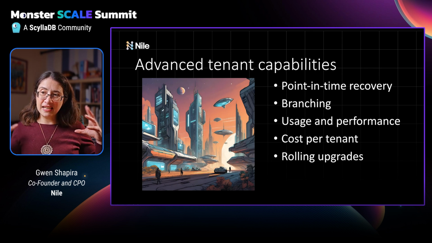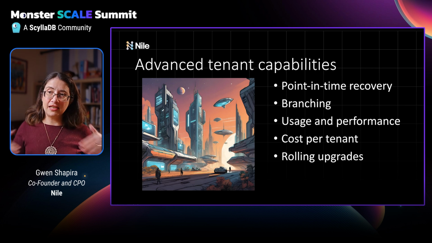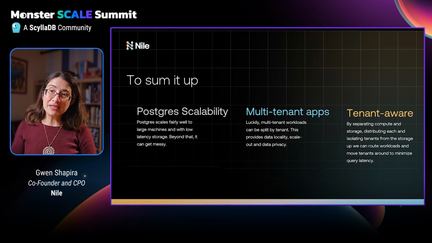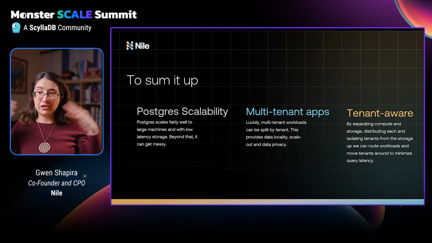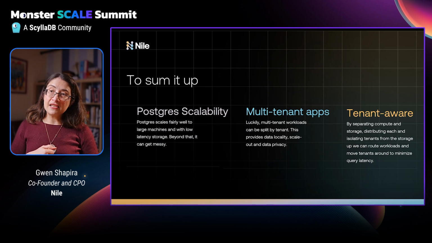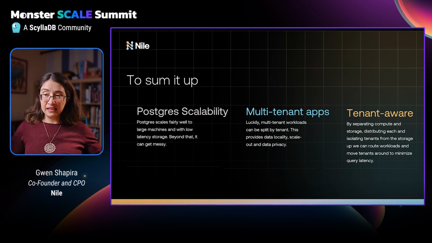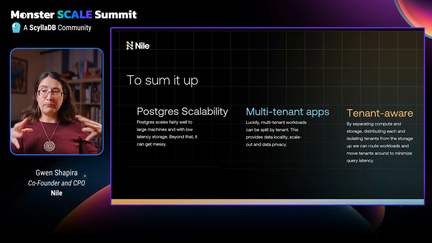This is definitely a case where one simple trick and one simple architecture just keeps giving a lot of really nice benefits. So to sum things up, scaling Postgres scales really well up to a certain machine size, and then it starts becoming extremely challenging. Luckily, multi-tenant applications can be sharded by the tenant key and separated into either real tenant databases or virtual tenant databases, which are a lot easier to manage since they're part of one cluster.